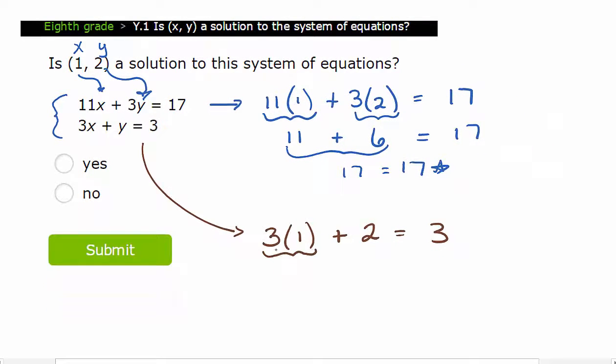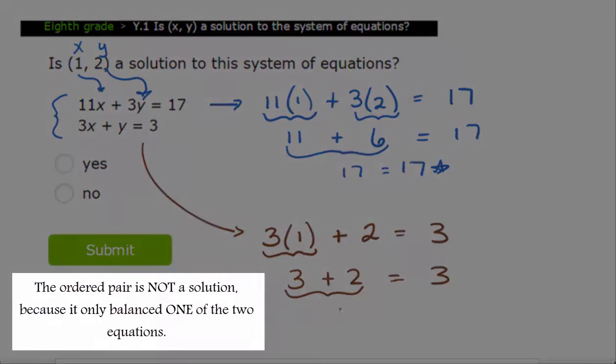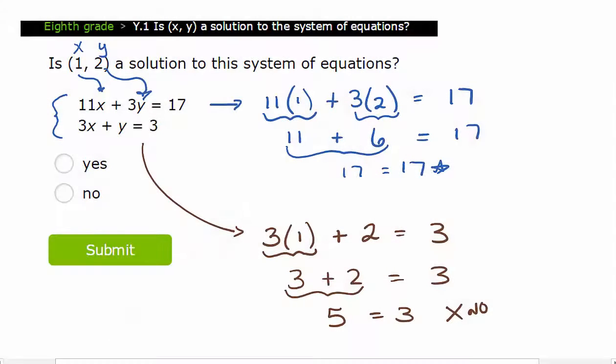Well, wait a minute. 3 times 1 is 3. And what I have here is 3 plus 2. Is 5 equal to the number 3? No, that's not going to work. So since it didn't work on one of them, and it did work on another, we're going to say that it's not going to be a point that's a solution to the system.